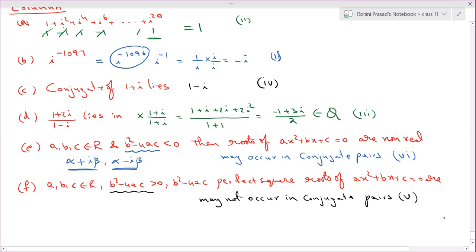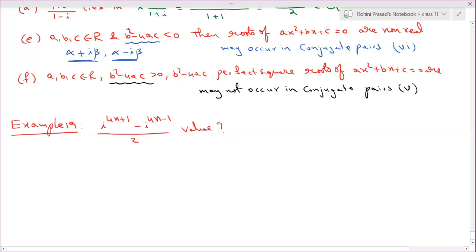That's 5. So just for simplification, to find the value of it, you take i power 4 in common. And this will be i minus i power minus 1, which is 1 by i, the whole divided by 2. i power 4n is i power 4 the whole power n.